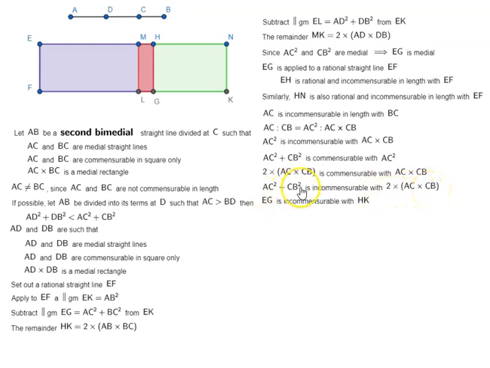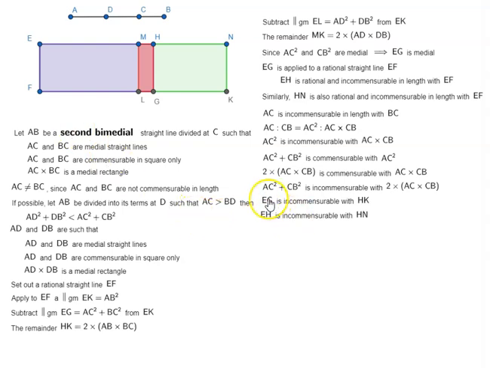Now, what is AC square plus CB square? That is nothing but EG. And 2 times AC by BC is HK. So we can say EG is incommensurable with HK.